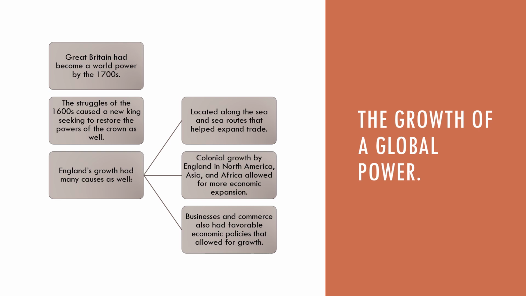One of them is that it's located along the sea, and sea routes helped expand trade. We also have colonial growth by England in North America, Asia, and Africa, which allowed for more economic expansion. And we also have businesses and commerce that had favorable economic policies that allowed for growth as well. So those three reasons are going to help England grow as a global power.